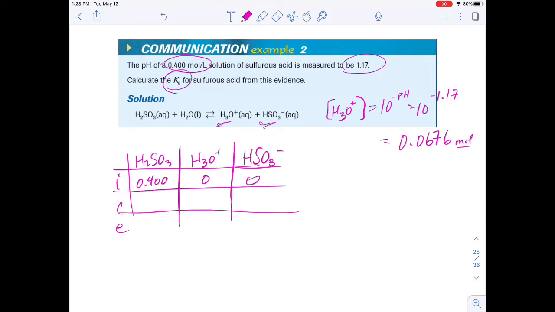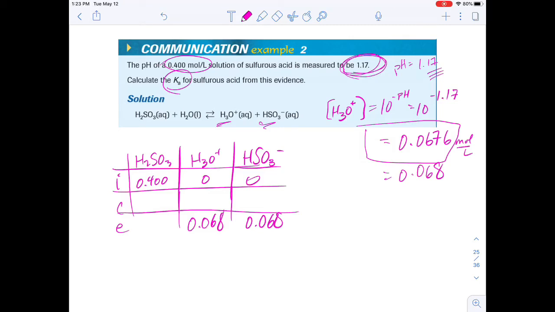Now I do want to draw your attention to this. This pH has only 2 sig digs. You'll remember that for pH or pOH, you start counting significant digits after the decimal. So there are only 2 sig digs in that value, and so I should only have 2 sig digs in this number as well. So this should be 0.068 mole per liter, 0.068 mole per liter, because it's a 1-to-1 ratio.